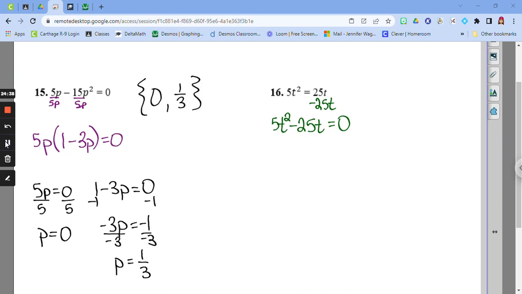On 16, I can divide 5 and 25 by 5 and by t. So 5t squared divided by 5t is 1t. 25t divided by 5t is 5. So there's your two factors. Set each factor equal to 0. 5t being one of them, and t minus 5 is the other.